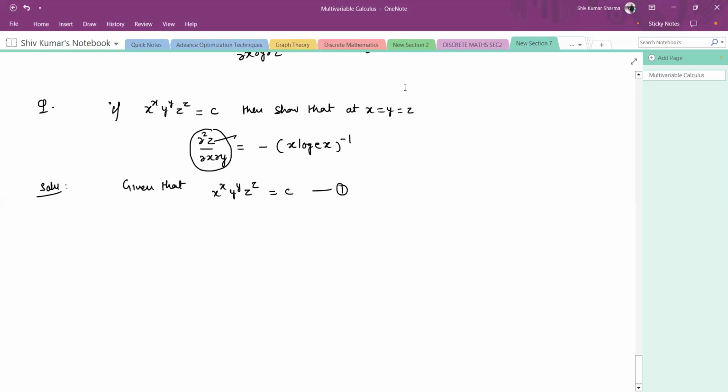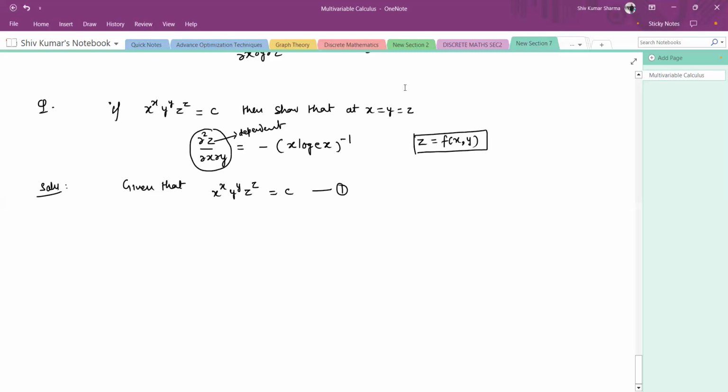So we see that this z works as a dependent variable and x and y work as independent variables. So we can write z is a function of x, y.